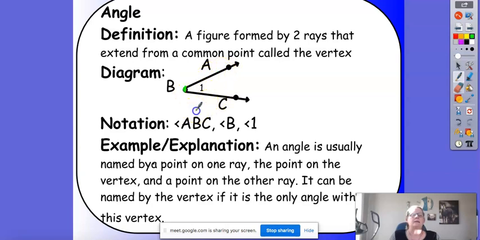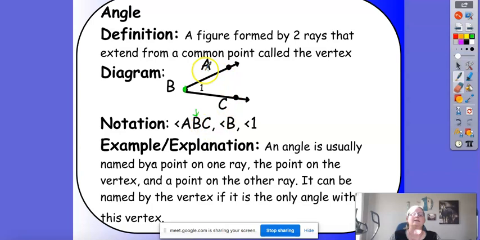B has to be in the middle because that's the vertex. I cannot talk about angle AC or angle ACB. The vertex has to be in the middle. And it's got to have 3 letters, all capital. So I can say angle ABC.